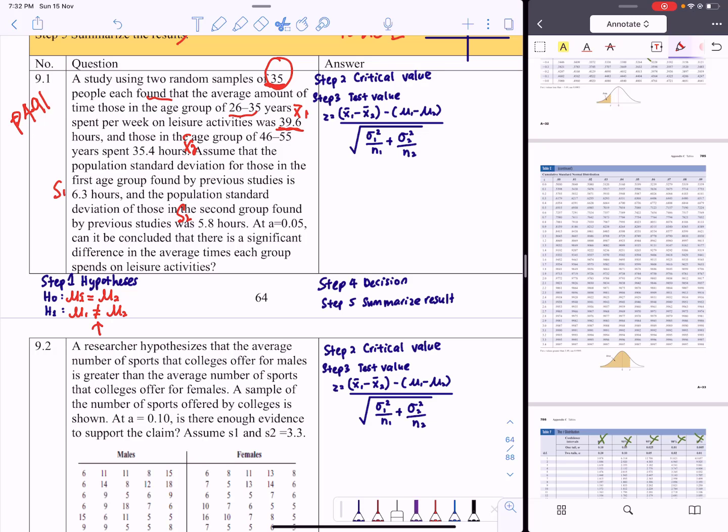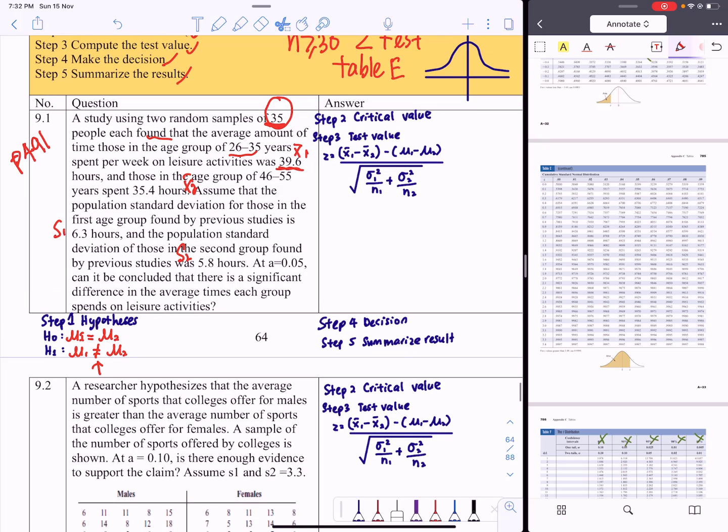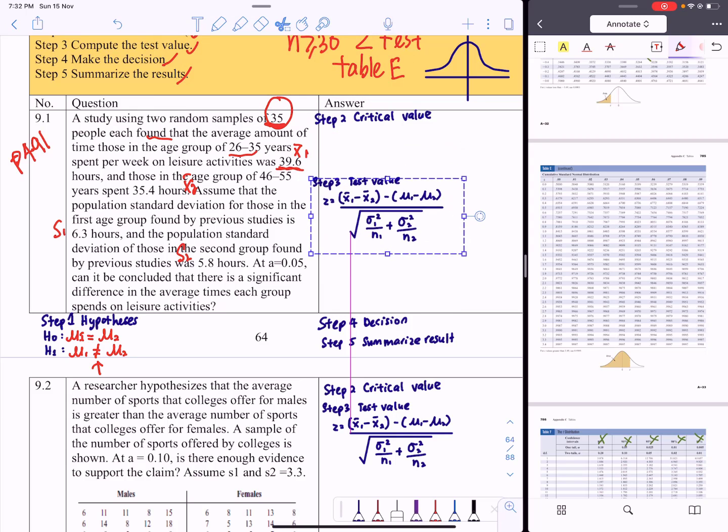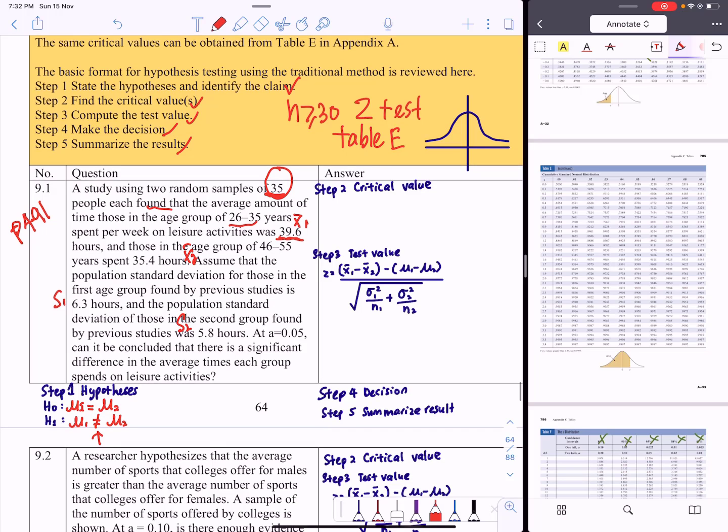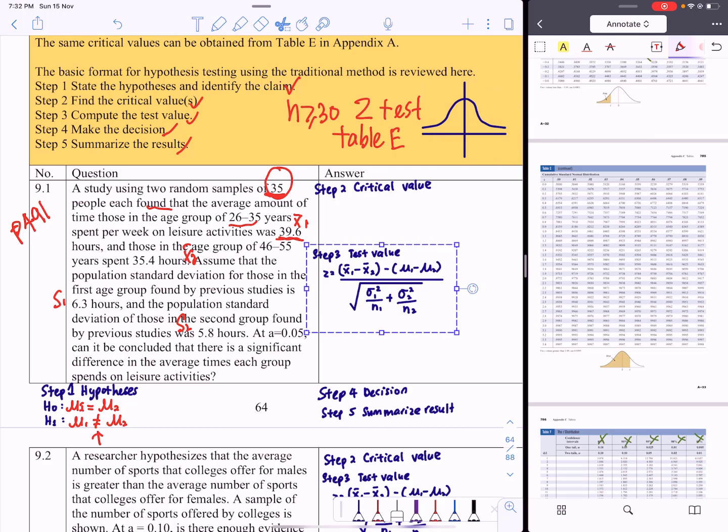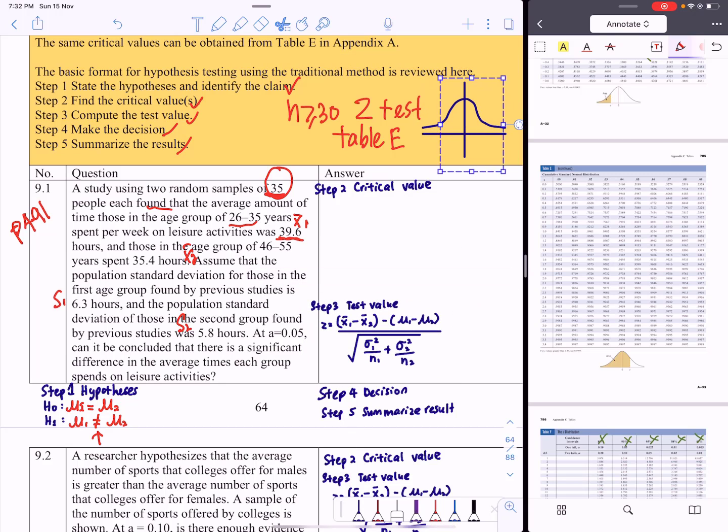Then we go to the critical value. For the critical value, we need to draw the diagram here.